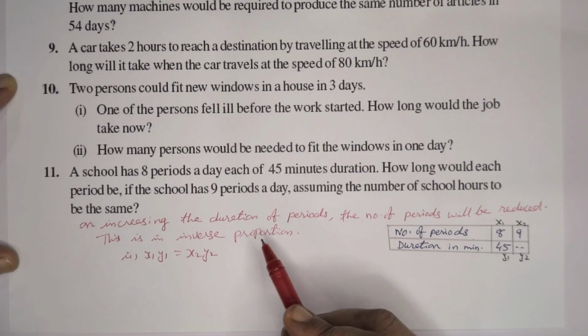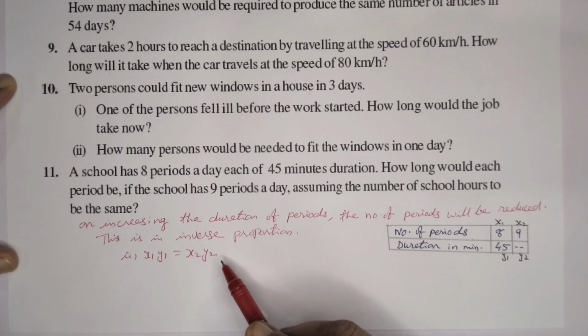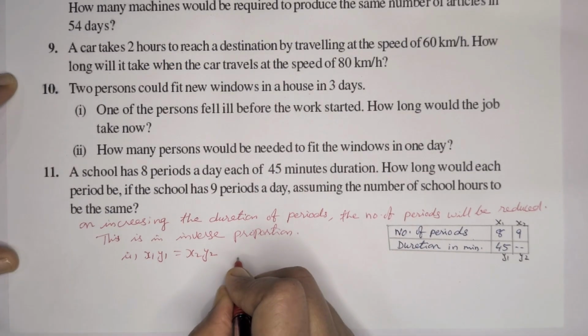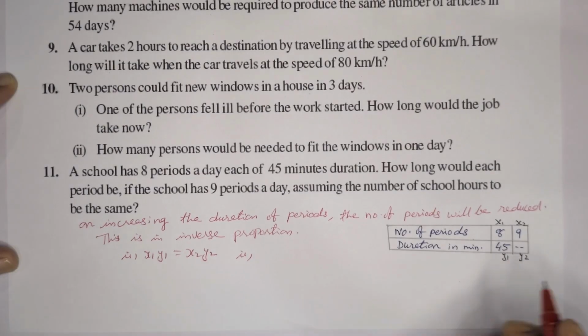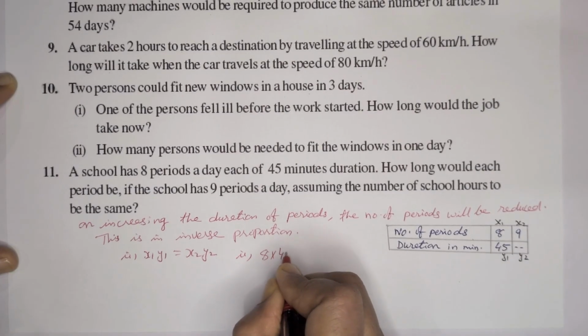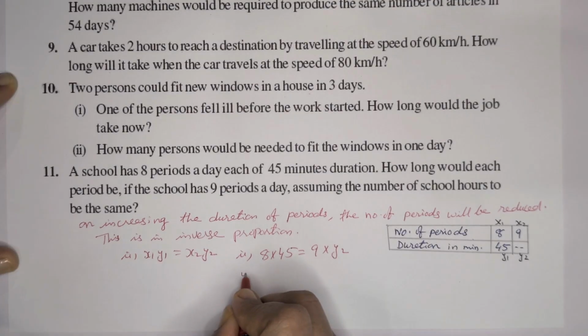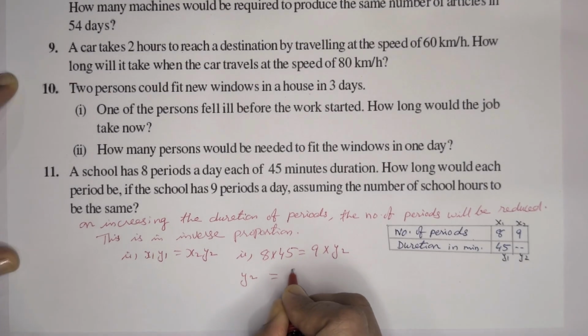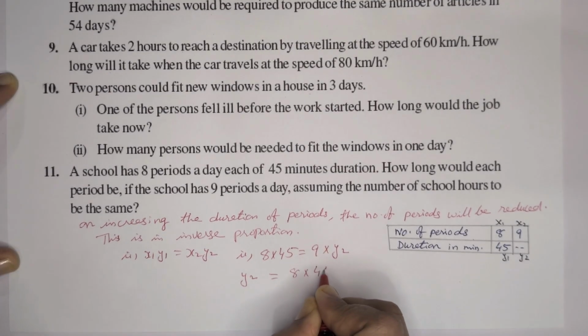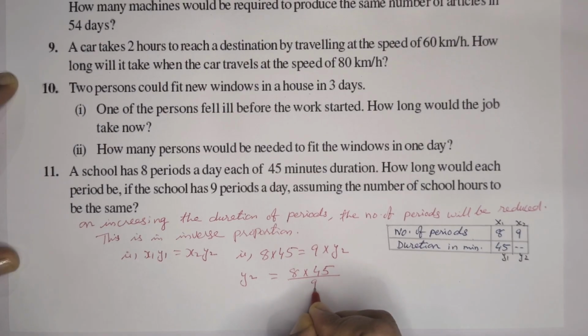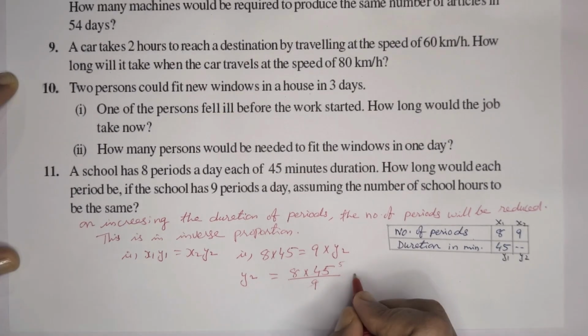So it's in inverse proportion, which means x1 y1 is equal to x2 y2. That means we can write here 8 into 45 is equal to 9 into y2, which means y2 is equal to 8 into 45 divided by 9. Can divide by 9, 5 times, so 8 into 5, 40.